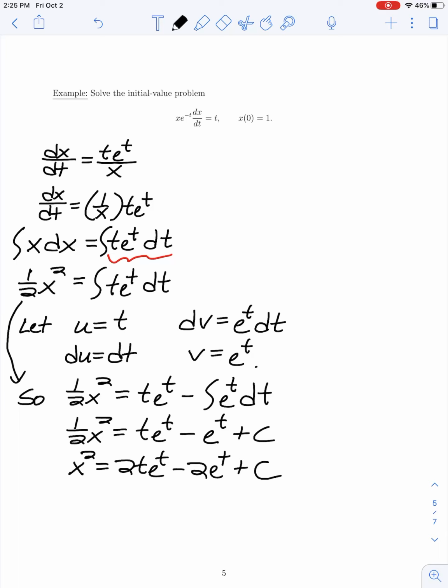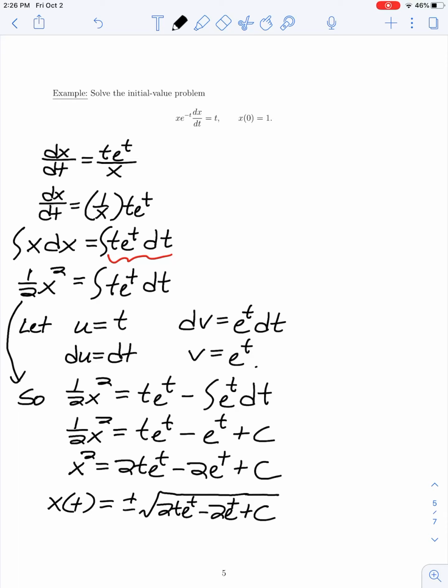C is an arbitrary constant, so 2 times c is just a new arbitrary constant. Let's just call it c. And now to solve for x explicitly, I would have x as a function of t would be either the positive or negative square root of 2t e to the t minus 2 e to the t plus c.